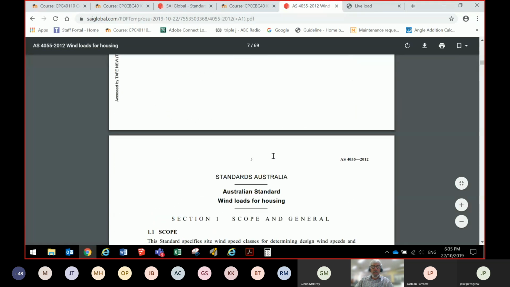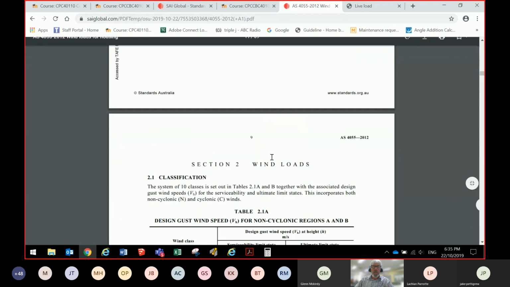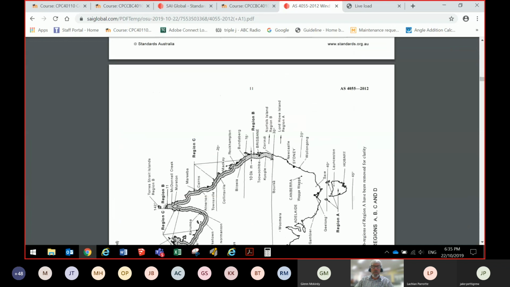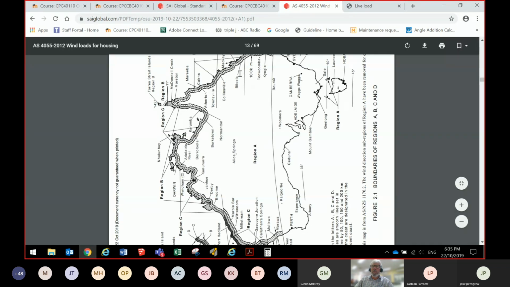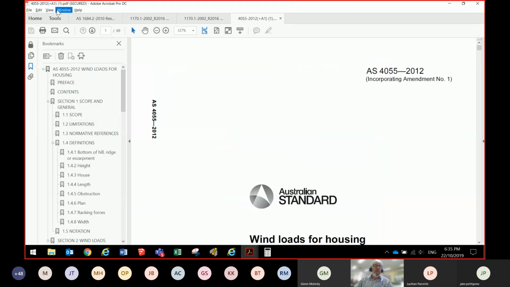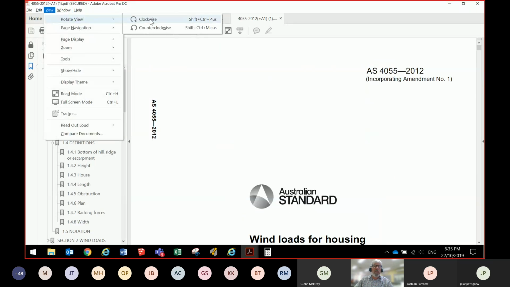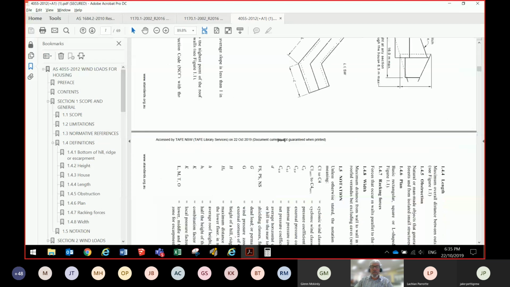There's a map of Australia. Skim down here to the map of Australia. Here it is. I know it's on its side and it's probably going to be a bit awkward to turn it around now. That would be real good though, wouldn't it? Let's just save that off there. Fire that up. Here we go. We'll rotate that around to the right and go down to our map of Australia.